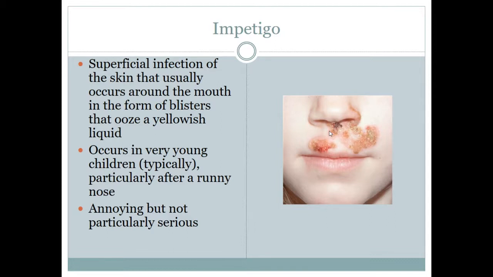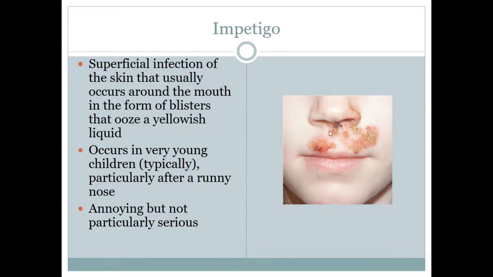It creates these little sores that ooze and scab over, and if kids scratch or pick at them, they tend to spread. And where we really see these is around the nose or the mouth, particularly among young children who may have had a runny nose and they rub their nose constantly, and then the staph gets into the skin and causes this impetigo.